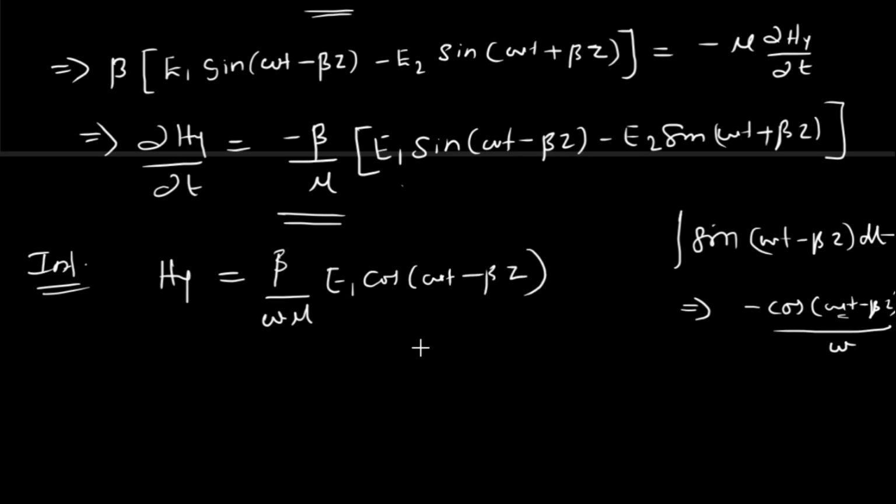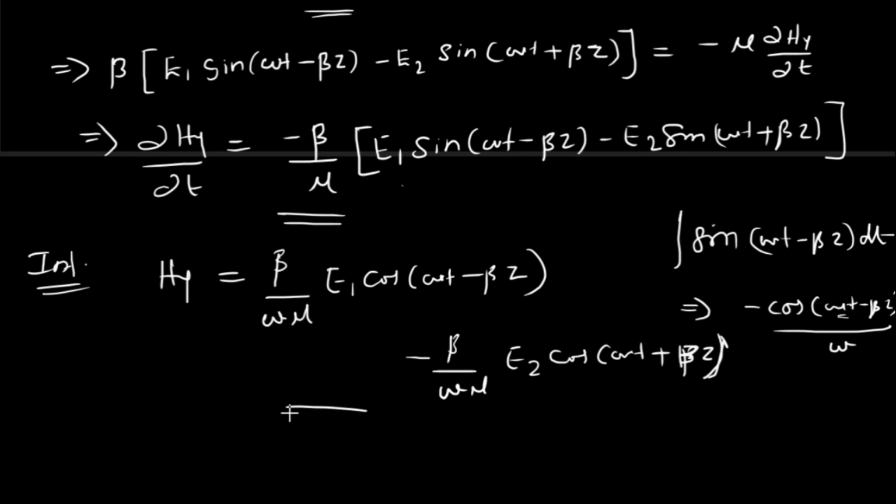The second term: here I have minus outside and minus inside, so minus minus becomes plus, but the integral is again minus, so this will remain minus. So minus beta by omega mu E2 cos(omega t plus beta z).